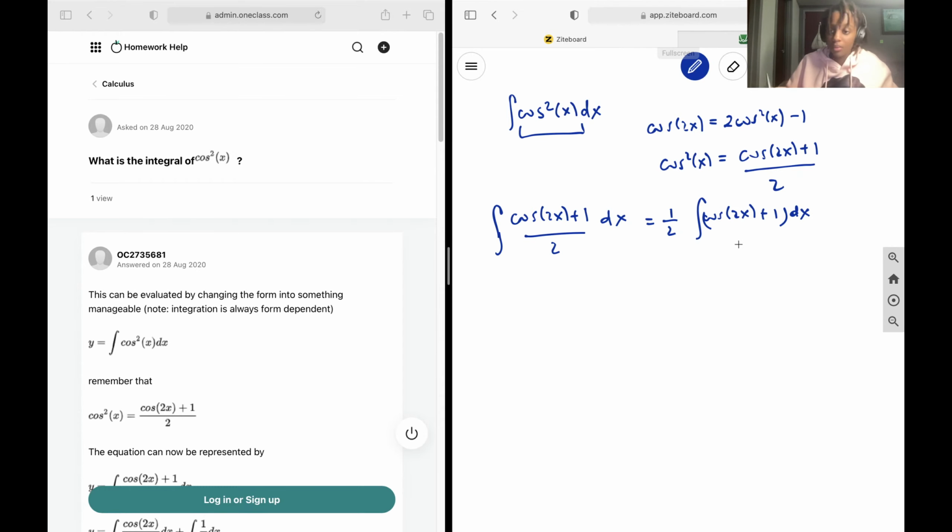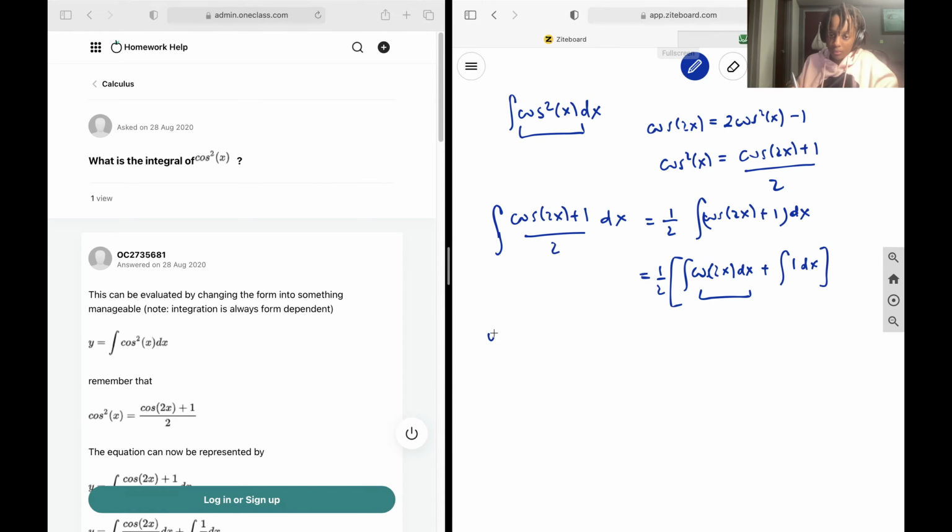Then we can rewrite this as 1 over 2 multiplied by the integral of cos 2x dx plus the integral of 1 dx. And then we're going to use substitution in order to figure out what this is.